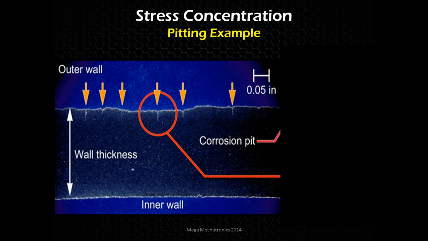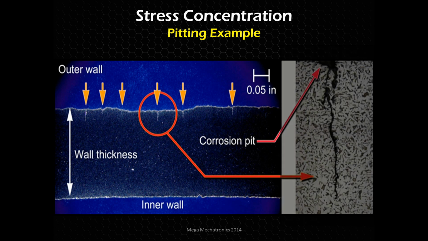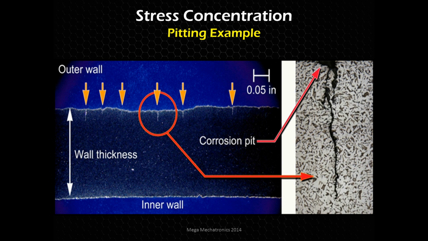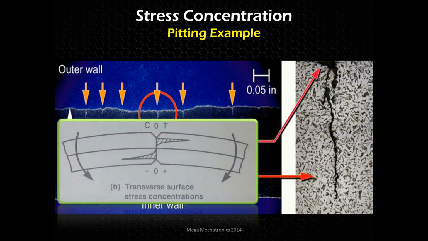Looking at another example of pitting, we see a shaft here with corrosion and these pits. If we zoom in, you can see the pit at the top, and that led to a crack that started at the bottom of the pit, because those pits are acting like stress concentrations.